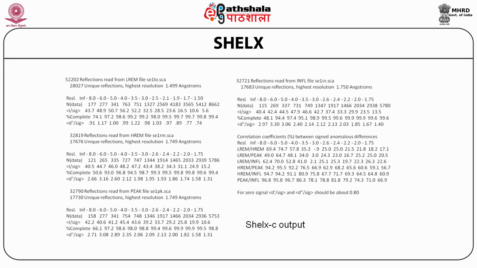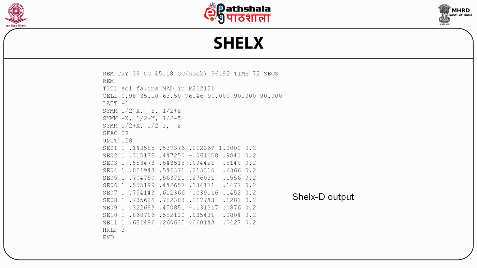So this just shows the SHELXC output, just to have a feel of the run of SHELXC. The SHELXD output, like in small molecules, has cards denoting the title, the cell giving the first value as the wavelength, then a, b, c, alpha, beta, gamma, the lattice, where a negative sign shows non-centrosymmetric and 1 means primitive lattice, then the symmetry positions are given in 3 rows.